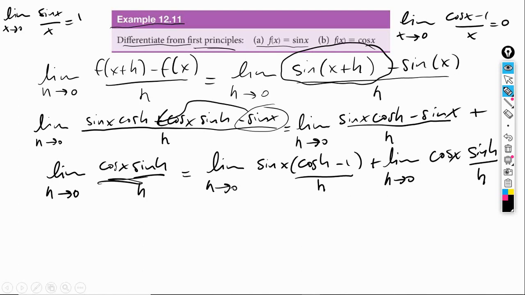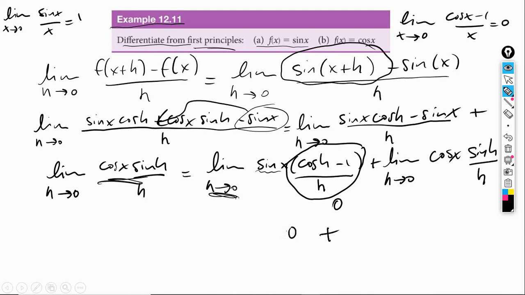I'm separating them on purpose so we can see something, because now we can apply the properties that I just wrote above. Because we're doing the limit as h approaches 0, and sine of x acts like a constant because it has nothing to do with h, this expression equals 0.